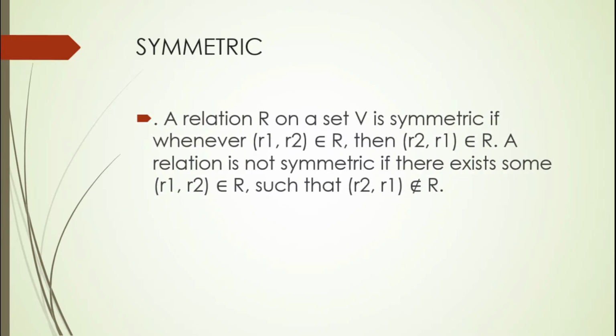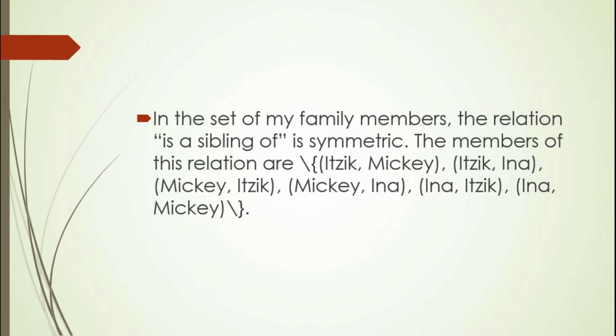Symmetric. A relation R on a set V is symmetric if whenever (R1, R2) is an element of R, then (R2, R1) is also an element of R. A relation is not symmetric if there exists some (R1, R2) in R such that (R2, R1) is not an element of R. In the set of my family members, the relation "is a sibling of" is symmetric.